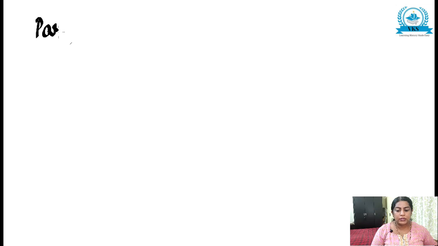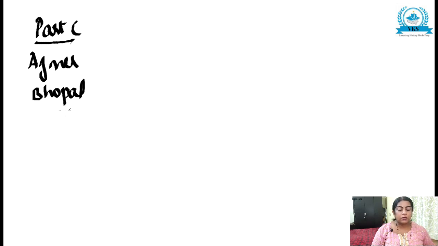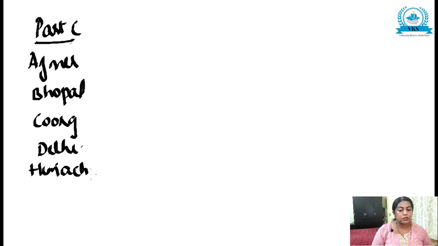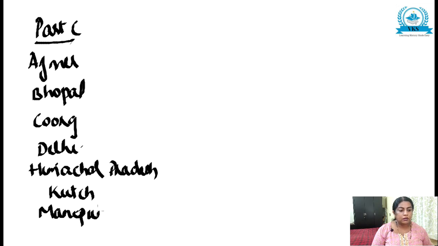Part C states consisted of Ajmer, then Bhopal, Coorg, Delhi, Himachal Pradesh, then Kutch, Manipur, Tripura and Vindhya Pradesh.